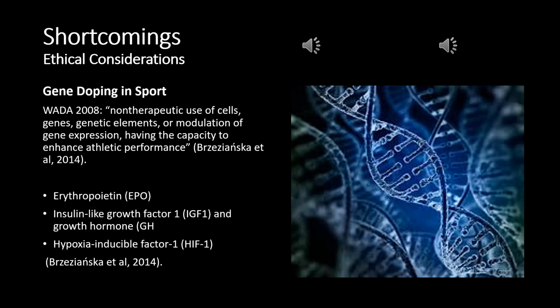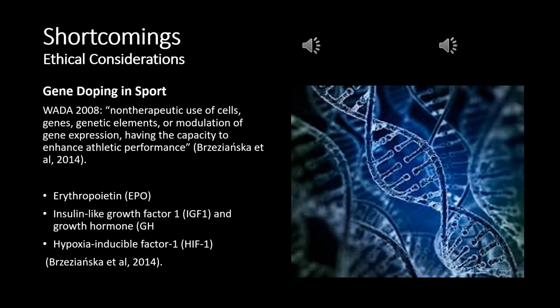Insulin-like growth factor 1, or IGF-1, and growth hormone, GH, used in medicine to stimulate growth, are also used to increase hypertrophy, or muscle growth, when used alongside resistance training. This is popular among bodybuilders as strength and size are enhanced as a result.